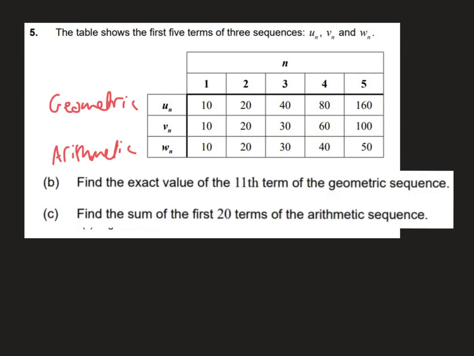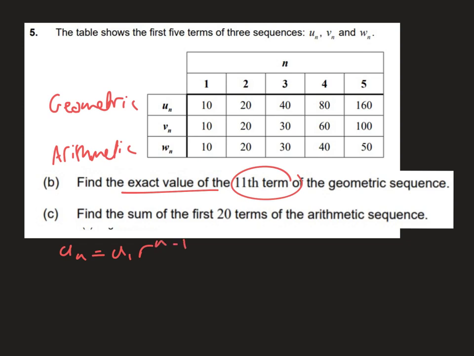Part B then asks us to find the exact value of the 11th term for the geometric sequence, and we can do that using the formula. So we know that Un equals U1 r to the n minus 1.